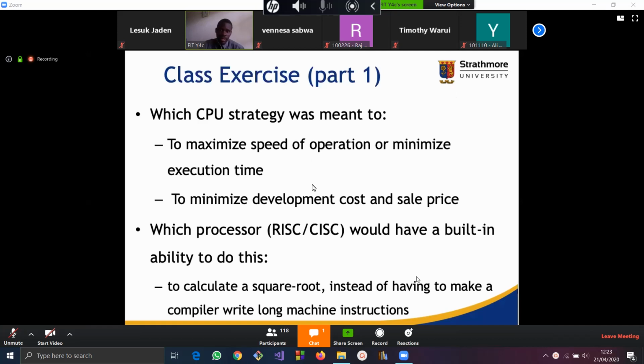Then the next one: which processor will have a built-in ability to calculate the square root instead of having the compiler write long machine instructions? I think that question is leading, but anyway, yes, Waweru?